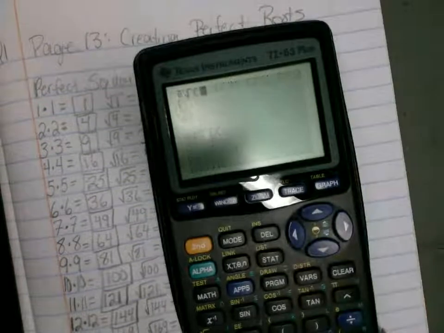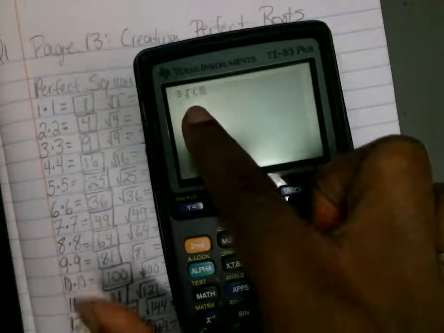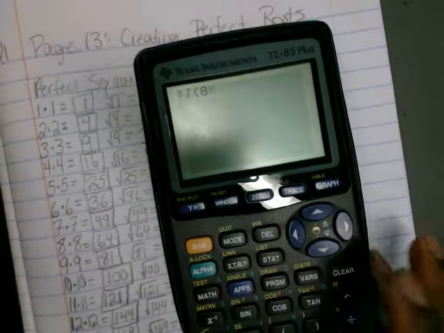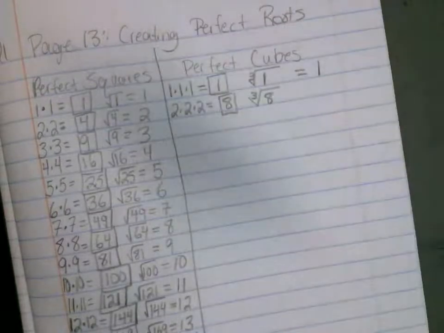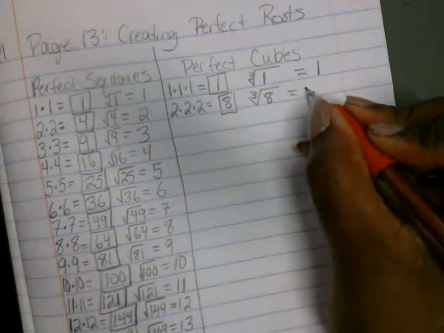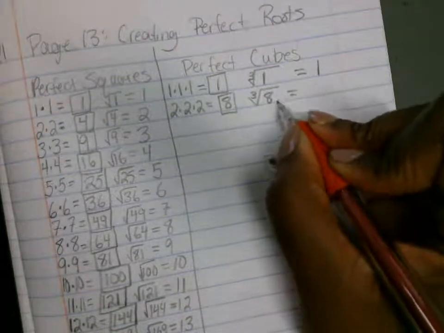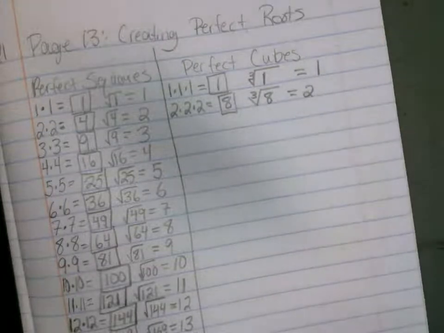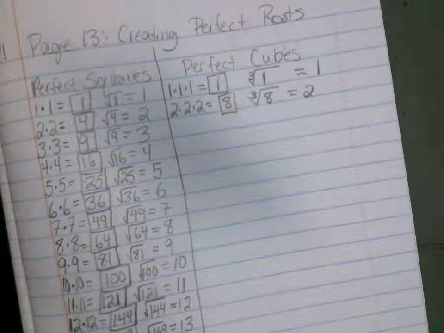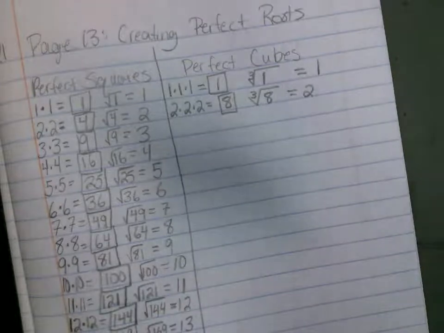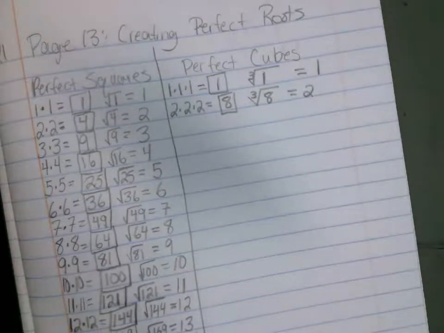So you press 4, this is the cube root symbol, and you type in 8. What does that give you? 2. Why is it 2? Because 2 times 2 times 2 gives you the number under the cube root symbol, 8. The opposite of cubing a number is cube root. The opposite of cube root is cubing a number.